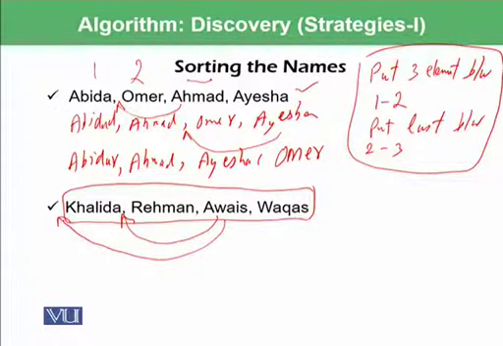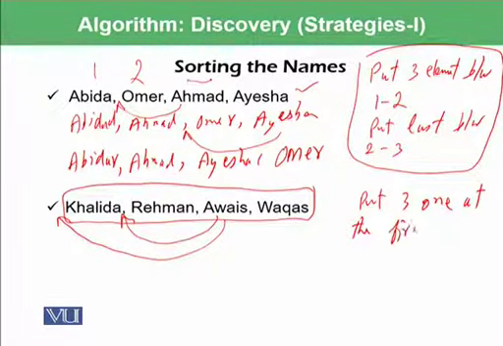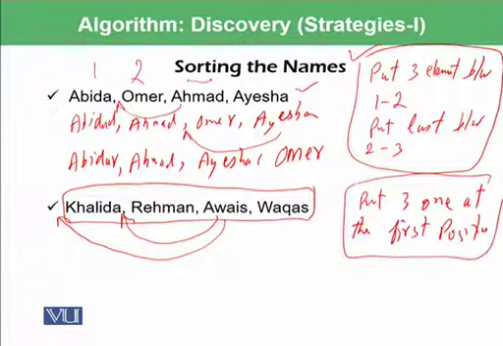So to sort these names, you need to put the third one at the first position. This means this algorithm cannot be applied to the next instance of the problem. Similarly, there could be a number of other names which can come, and you are nowhere near making them properly sorted.